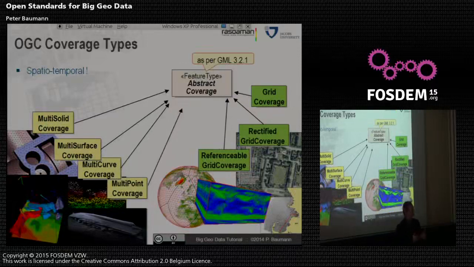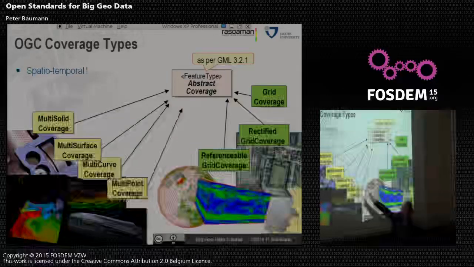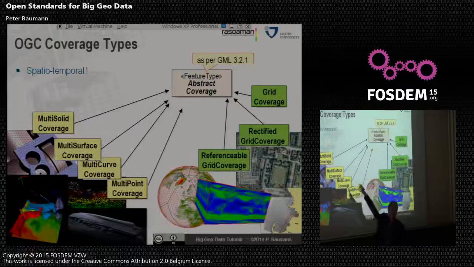And the other world doesn't stop. We have point clouds called multi-point coverages, trajectories, surfaces, and solid bundles, and all of that. This is where we close actually the gap to geometric modeling, like CityGML and things like that. So this is not for reinventing the wheel, but for getting connection, let us say, into these.